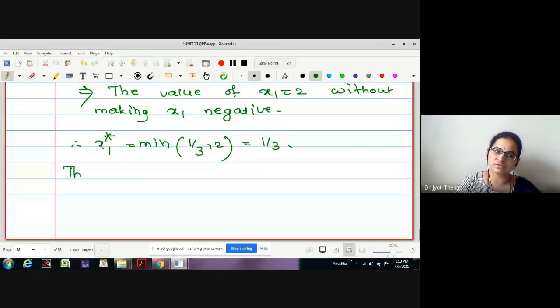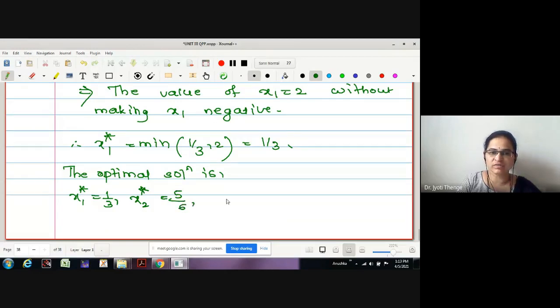Thus the optimal solution is x1 star is 1 by 3, x2 star is 5 by 6, and if you substitute the values of the variables x1, x2 in the objective function, it will give us 25 by 6, and this is the optimal solution.